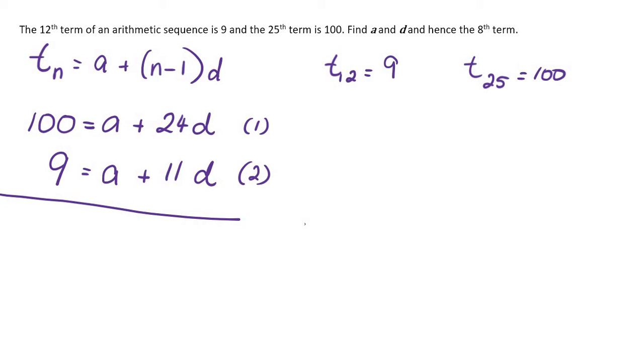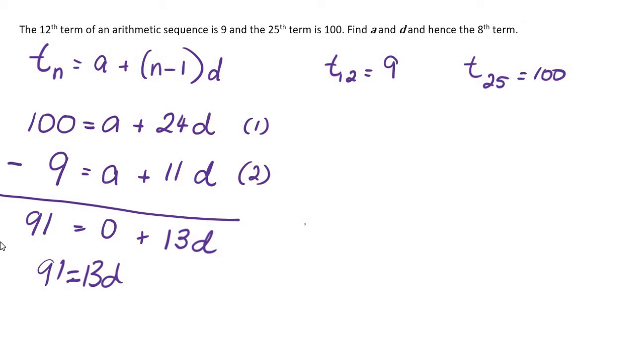If I subtract equation 2 from equation 1, 100 minus 9 is 91. a minus a cancels out, so that's 0. And then 24 minus 11 is 13 lots of d. So now I've got 91 equals 13d.